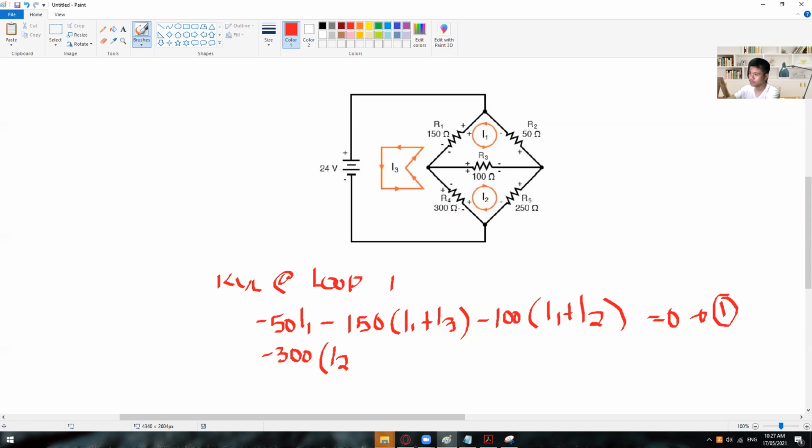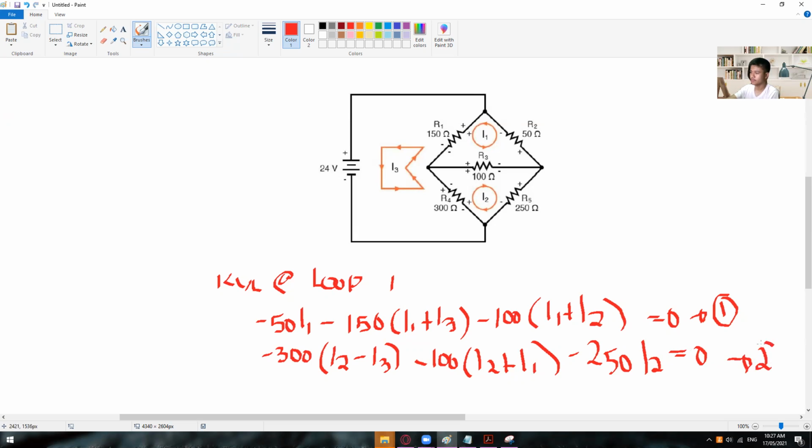Notice that we have different direction of current, so we're going to put negative I3. Moving on, we have a negative 100 times, they have the same flow of current, so I2 plus I1. And lastly, we have negative 250 times I sub 2. There you go. This is now our equation number 2.